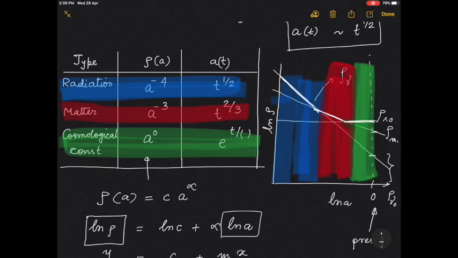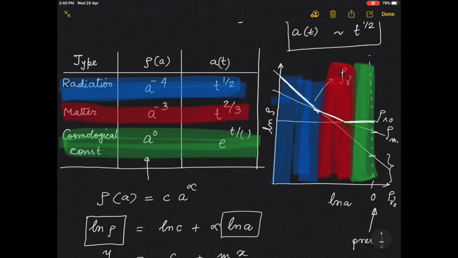So that's why omega lambda is 0.7, omega matter is 0.3, and right now, omega radiation is almost 0. Well, it's actually 10 to the minus 5, but it's very small compared to 1, so you can consider it to be 0. So this is the history of the universe.